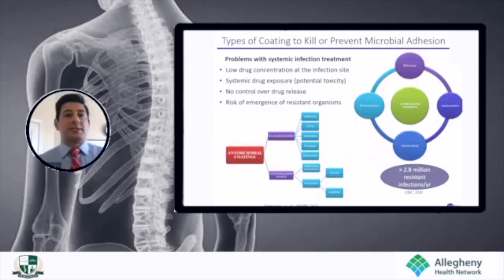There are problems with systemic infection treatments. The major ones are the low drug concentration at the infection site, the potential toxicity, no control over drug release, and the risk of emergence of resistant organisms with systemic infection treatment. Based on the CDC report in 2020, over 2.8 million resistant infections are reported per year.